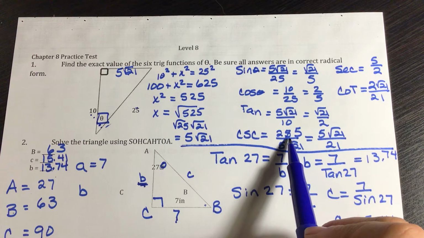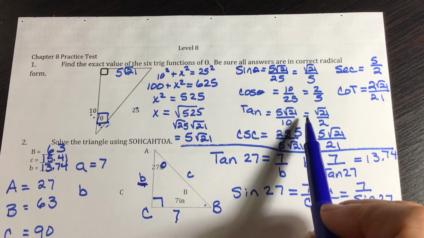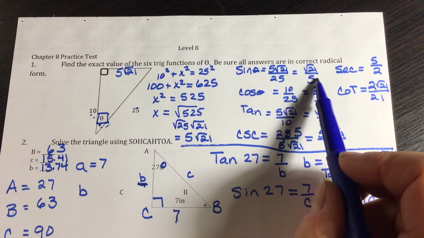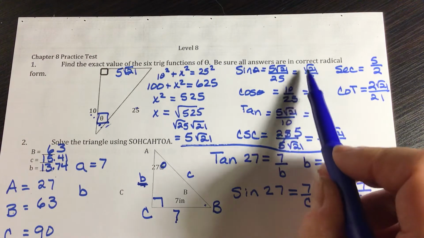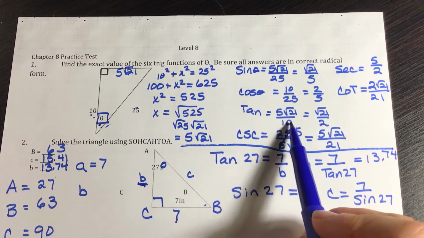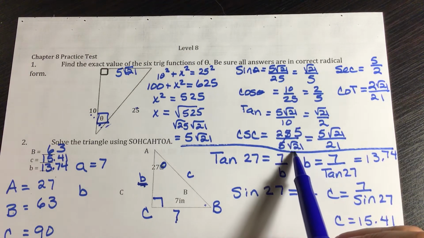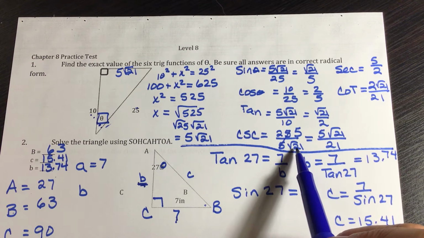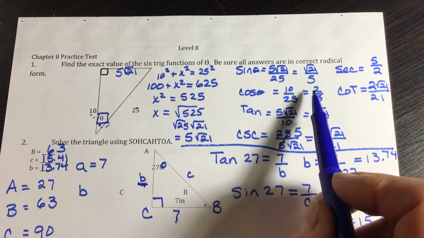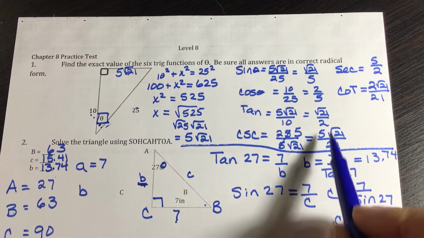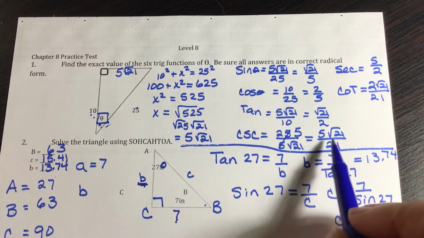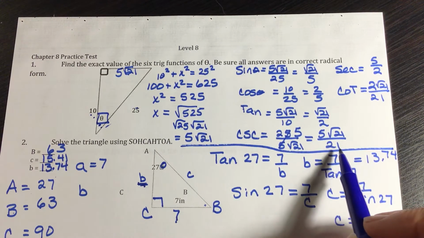Cosecant is the reciprocal of sine. So if I go back up here to sine and take the reciprocal, I'm going to have 5 over square root of 21.